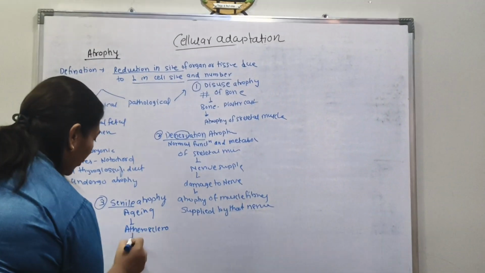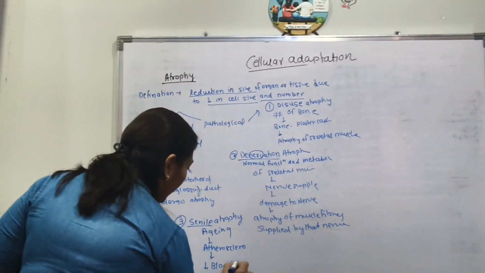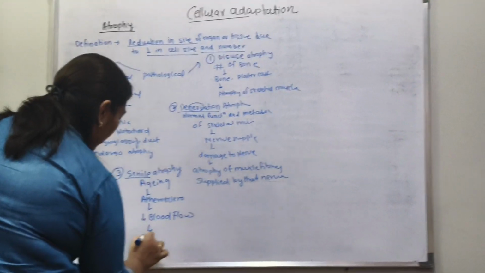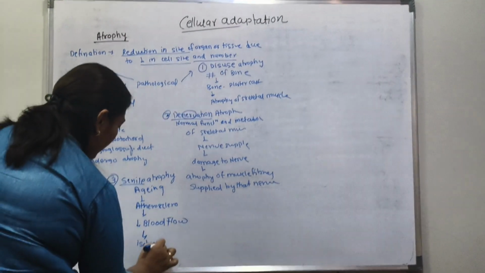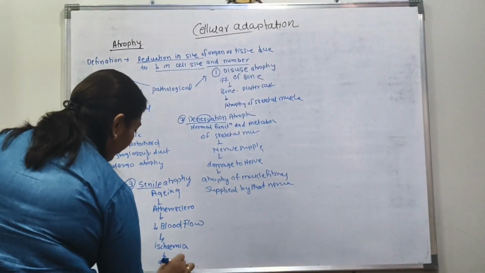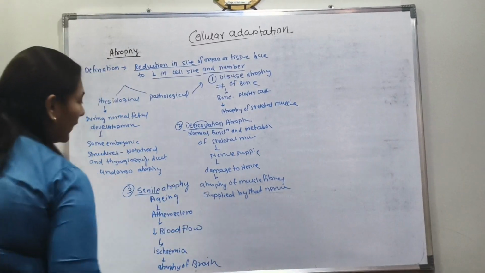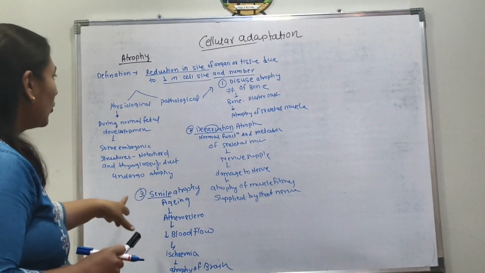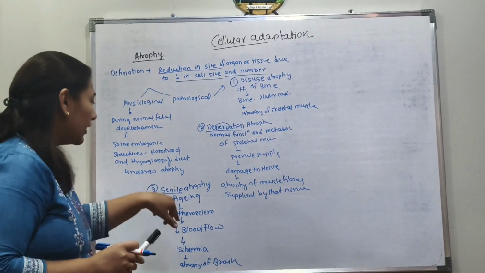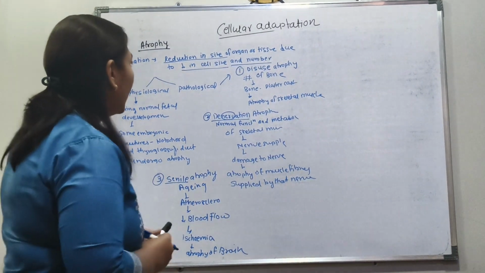Aging causes atherosclerosis, which leads to decrease in blood flow, so there is ischemia, and atrophy mainly of the brain occurs. That is the senile atrophy. The third cause of pathological atrophy is senile atrophy.